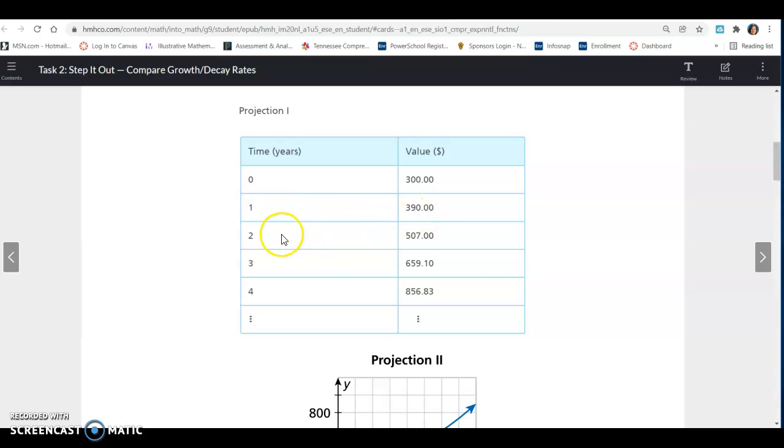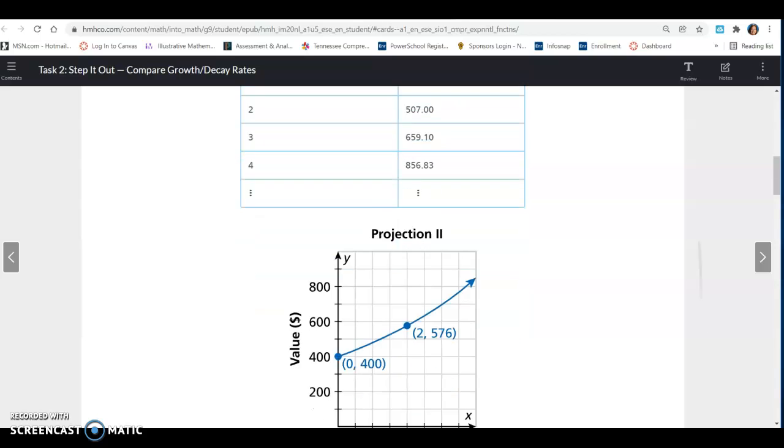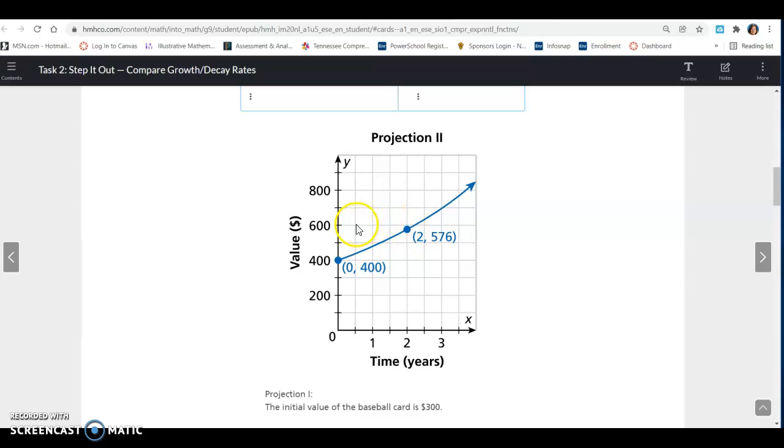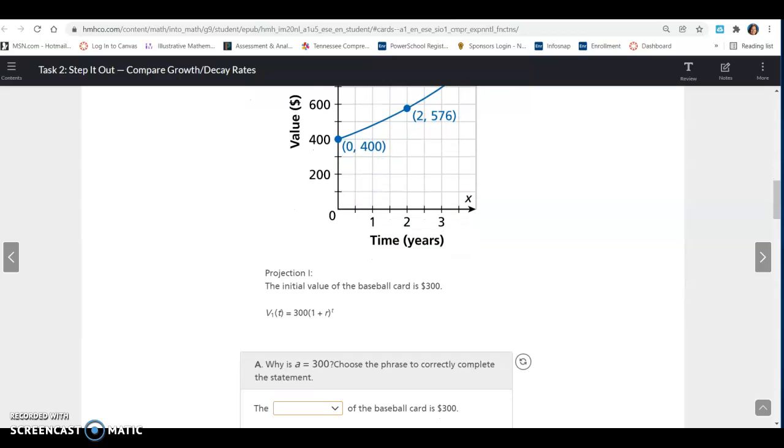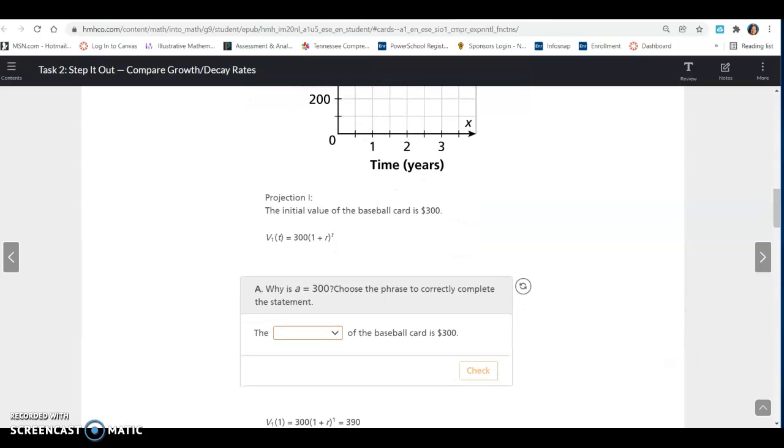Year 1, it's 390, 2507, etc. All right, projection 2 has an initial value of 400 because 0, 400 is your y-intercept. That's your initial value. And then it looks like after 2 years, it's 576.